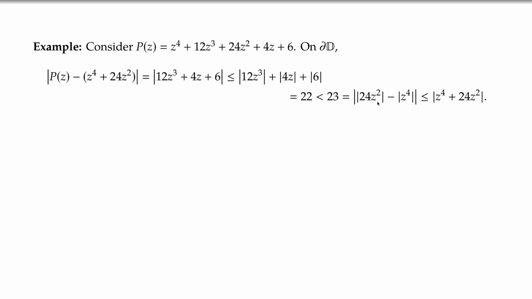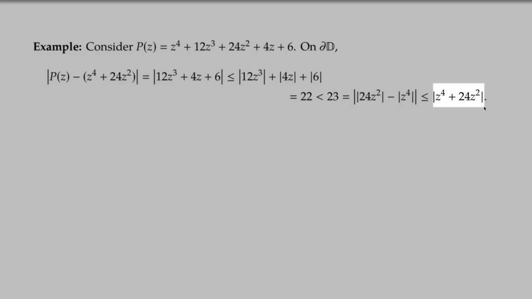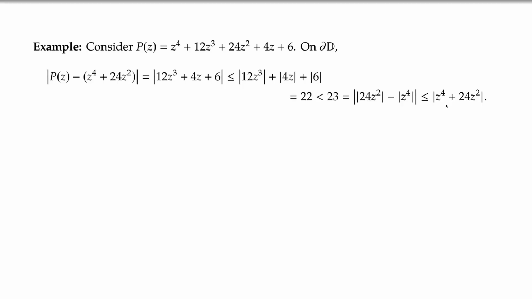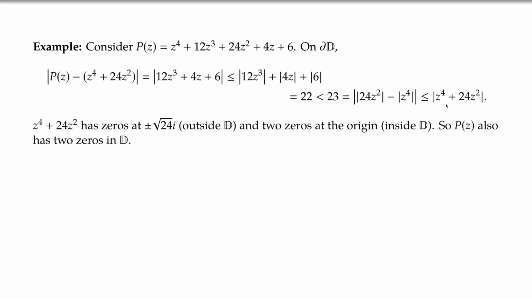And by the inverse triangle inequality, we get that it's the modulus of z to the fourth plus 24 z squared, which is the thing over here that we subtracted, right? So that means that z to the fourth plus 24 z squared has the same number of zeros inside D as P.